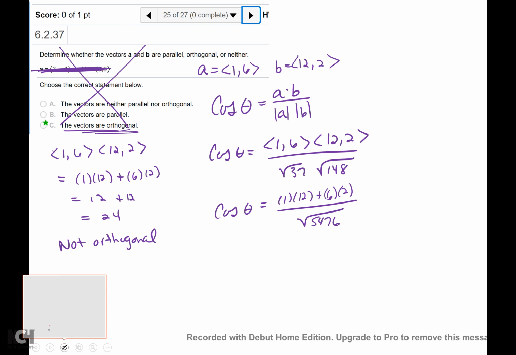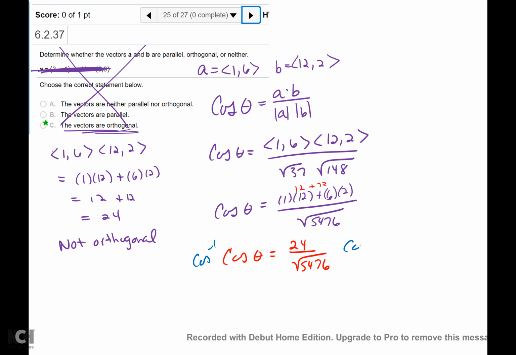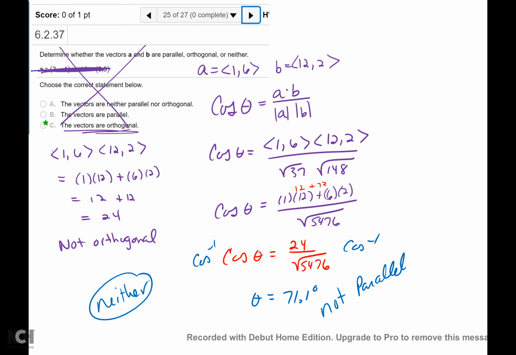On top, that's 12 plus 12, so I get cosine theta equals 24 over the square root of 5476. Arc cosine, and I get theta equals 71.1 degrees. So that means that they're not parallel either, which means they would be neither.